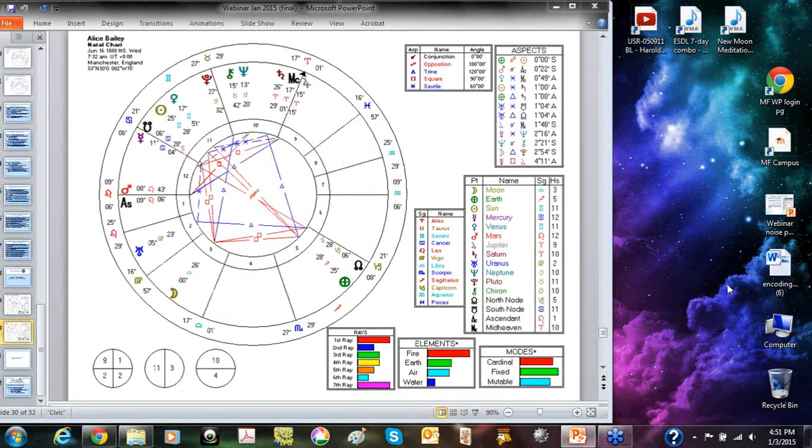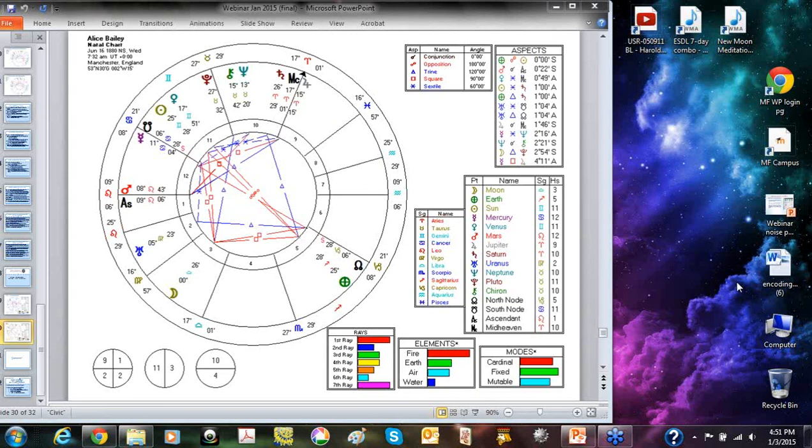Okay, great. What I like to do when I'm analyzing a chart is to look at the general layout first. And what I've done with Alice Bailey's chart is focus primarily on the esoteric rulers and their interpretations, because she was presumed to be working towards her third initiation.